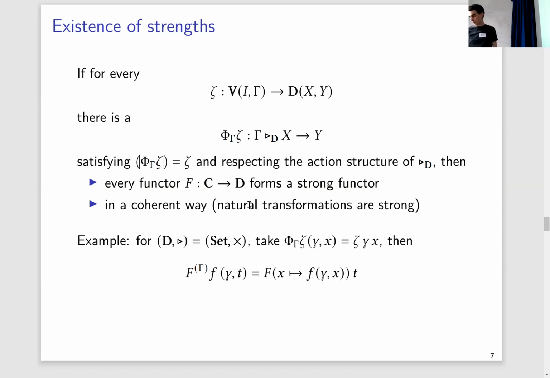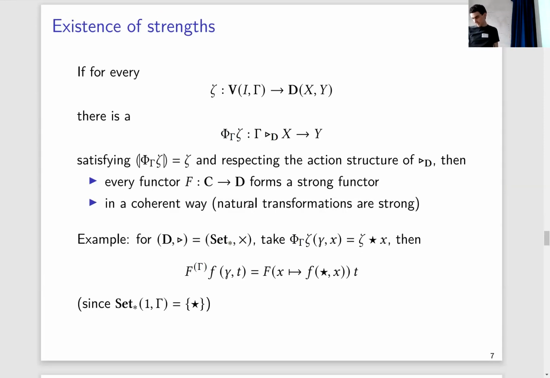This also works, for example, if we take pointed sets. In pointed sets, the situation is a bit stranger, though. In this case, a morphism from I to gamma is exactly one of them, just the distinguished point of gamma. Which means one of these zetas is just a choice of a morphism from X to Y. And then there's only one way of defining this phi of zeta.